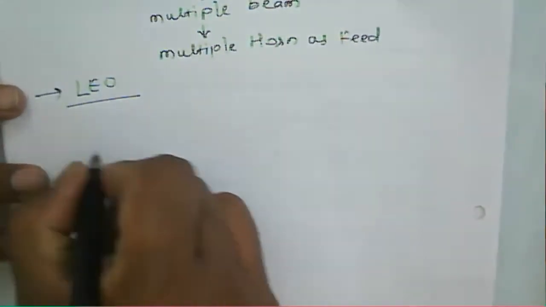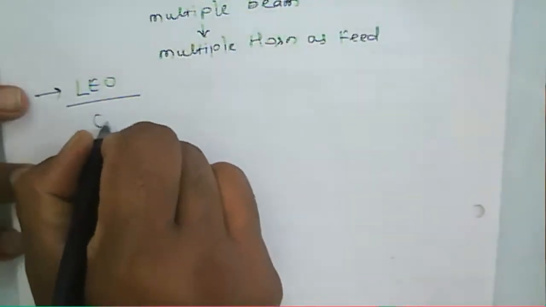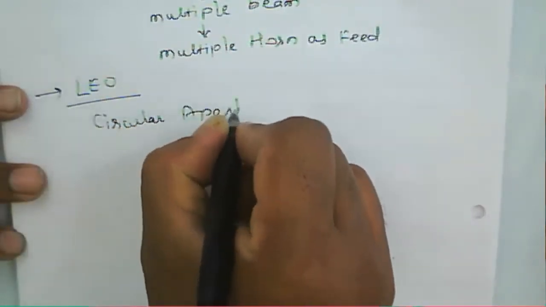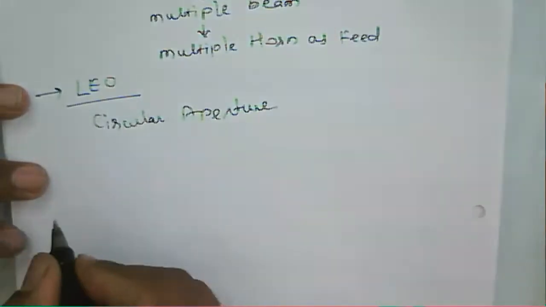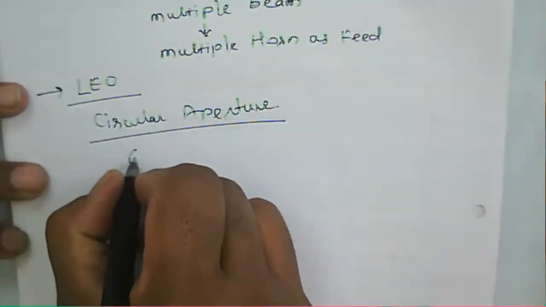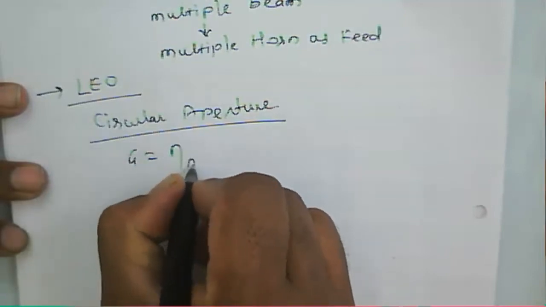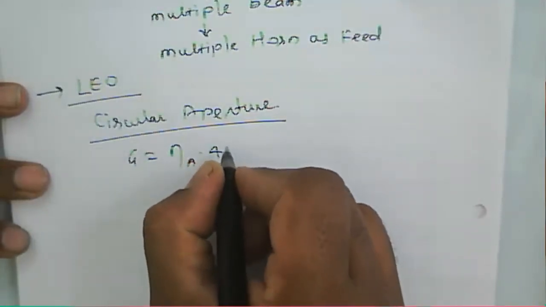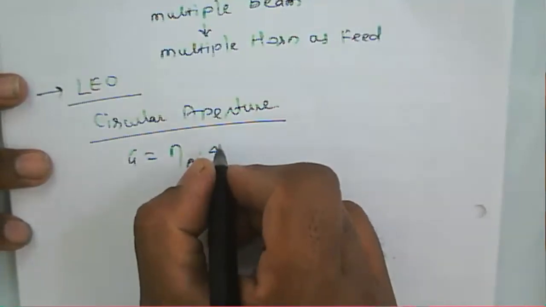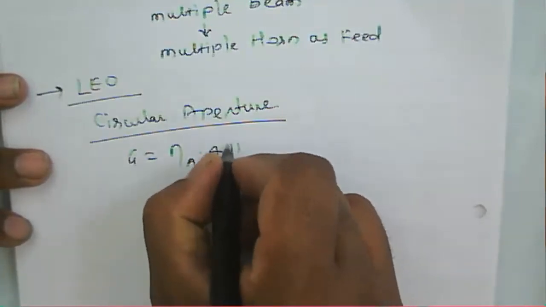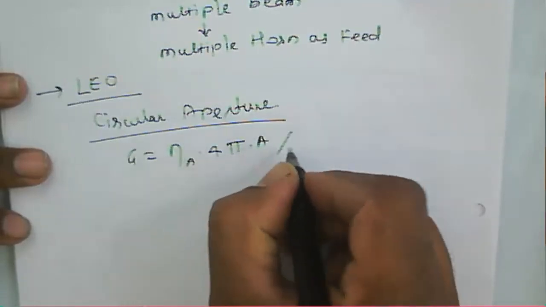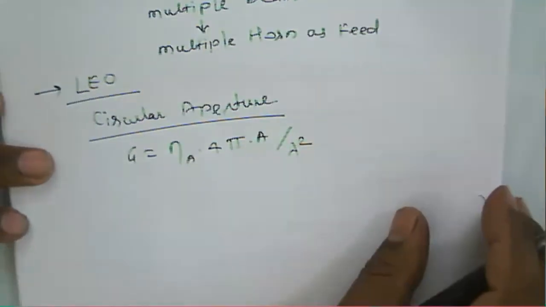To get the circular aperture of the given antenna, the gain of that antenna is G equal to the aperture efficiency of the given antenna, with respect to the area and the operating wavelength.